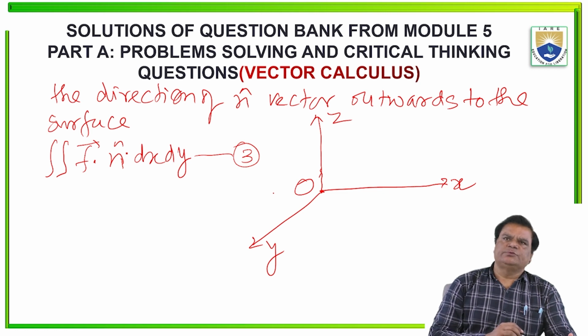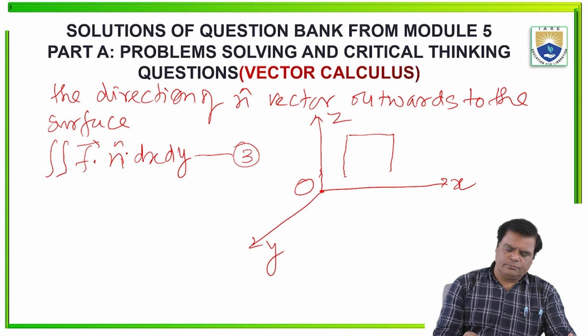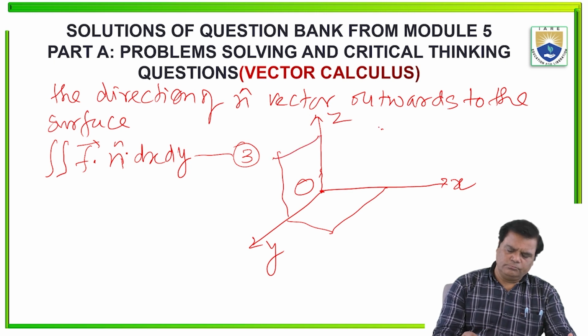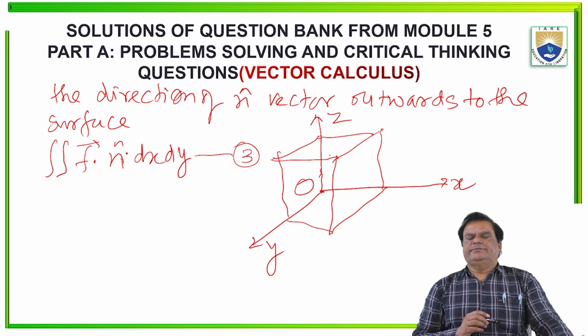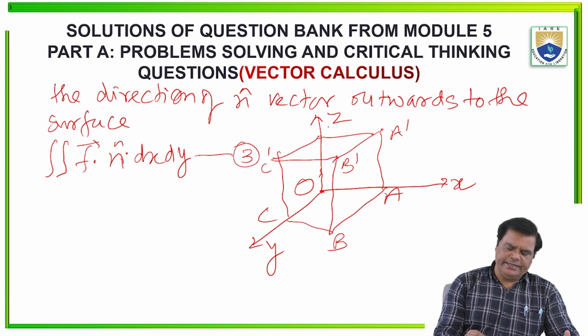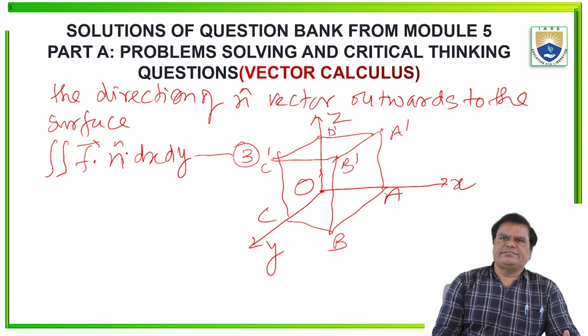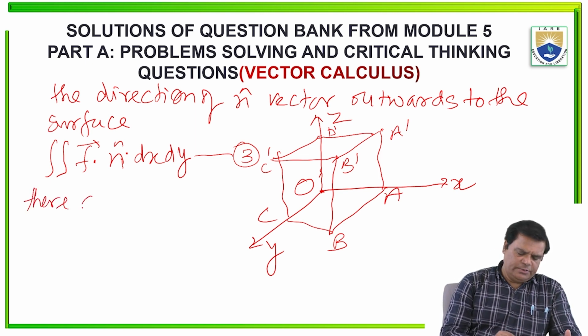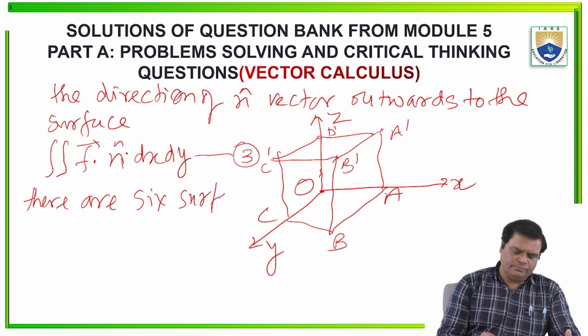This is the origin, and here is the cuboid, with vertices O, A, B, C, O', A', B', C'. There are 6 surfaces in this cuboid.